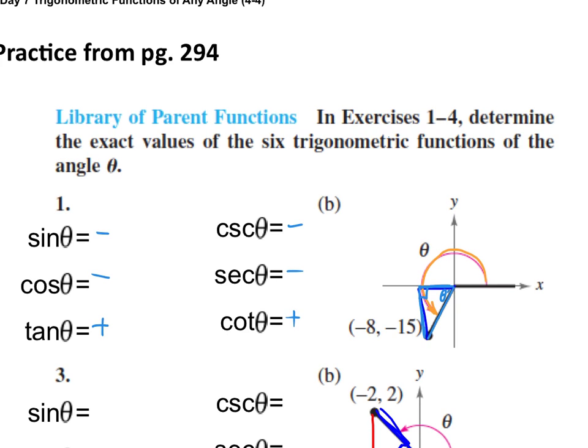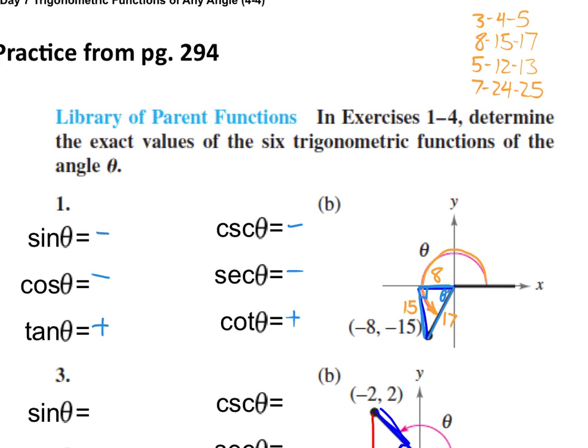We've got 8, 15, and you know your Pythagorean triple: 8 squared plus 15 squared gives 17. By the way, I hope you know 3, 4, 5, but you also have 8, 15, 17; 5, 12, 13; and 7, 24, 25.